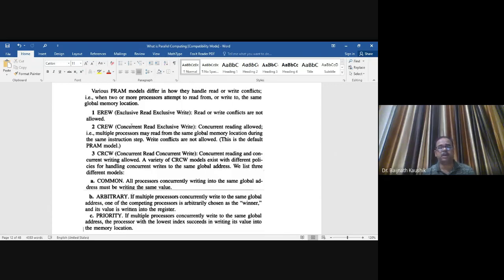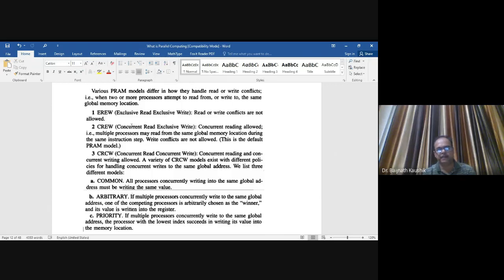But this model does not allow multiple processors to write the result at a time. So at a time, only one processor is allowed to write the result. This is one of the default models of PRAM.